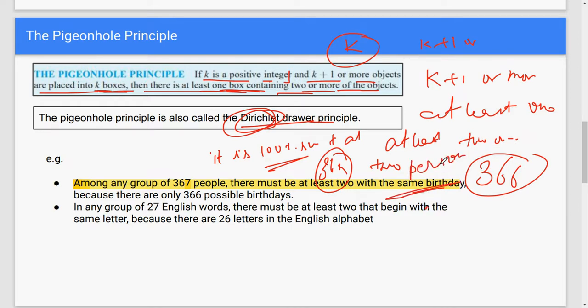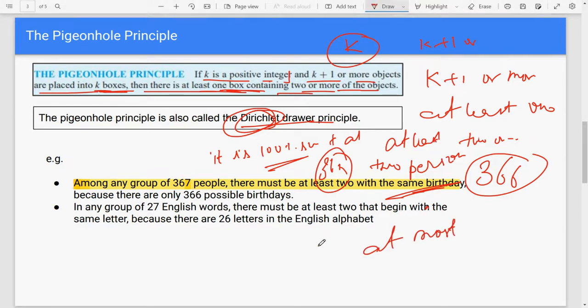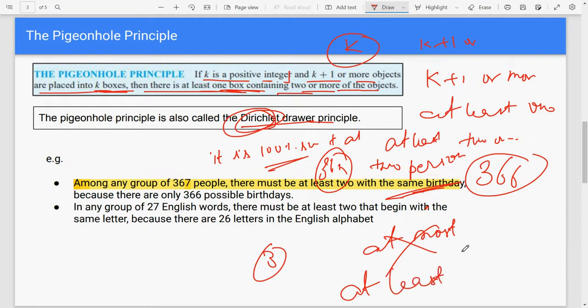So don't argue about it: it may happen that three or more people have the same birthday. That can be true, but we are not talking about at most, we are talking about at least. At least two people will have the same birthday.